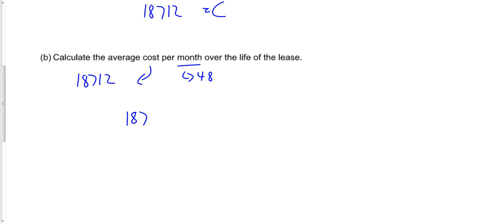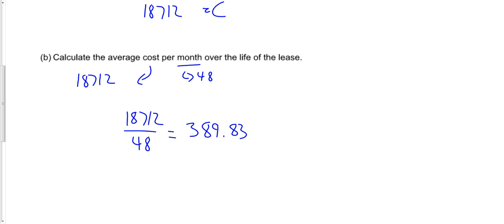So every month on average, we're spending 18,712 divided by 48. That means we're spending on average about $389.83 in order to lease that vehicle.